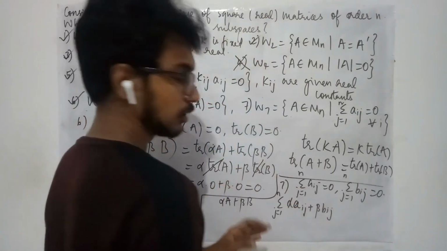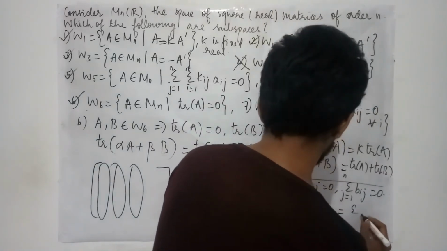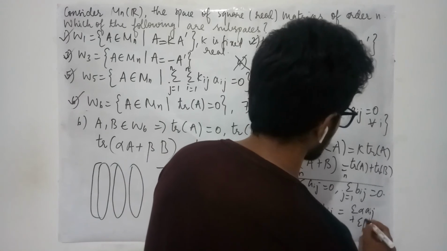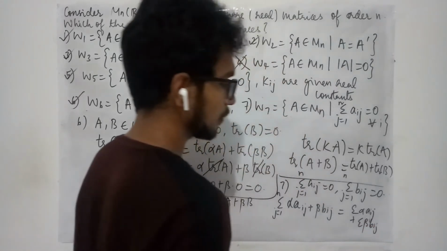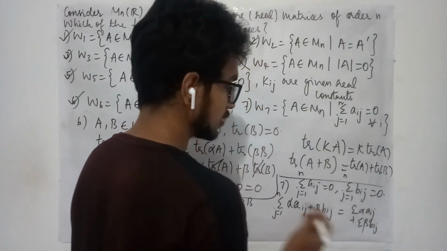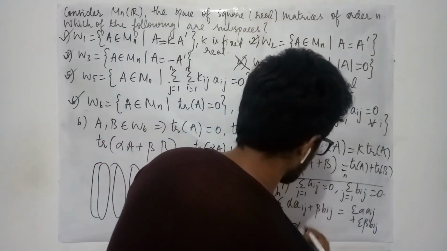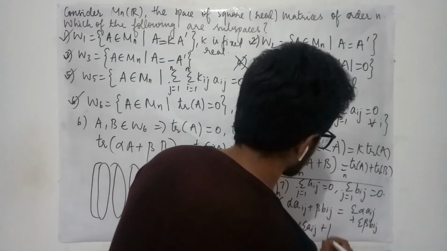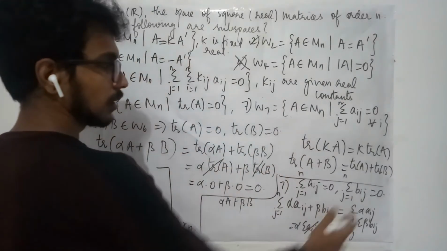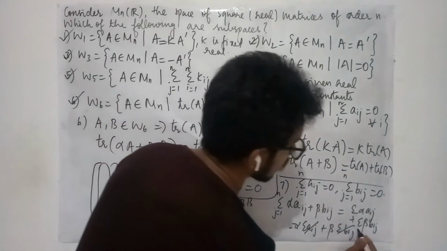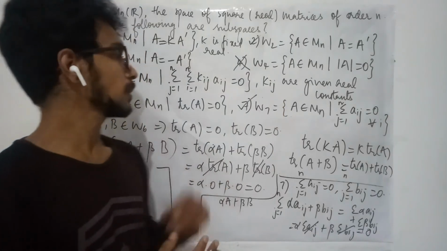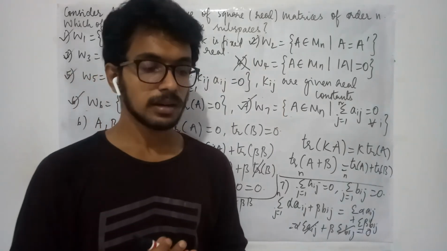Now you can split this into two things, that is summation j runs from 1 to n, alpha times aij plus summation beta times bij, okay, and this alpha and beta are independent of this j, so you can take it outside. So alpha times summation aij plus beta times summation bij, this is 0 and this is 0 for all i values. Therefore what you get? You get it to be 0. This also forms a subspace of the given vector space, right?